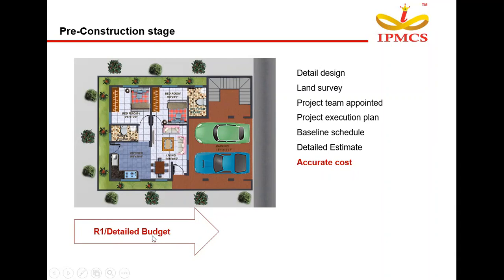Whenever we are executing each and every activity, we'll have a detailed breakup for each activity with this detailed budget. So our execution cost and the detailed budget activity cost shouldn't be exceeded. Our execution cost should be within our detailed budget or R1. So this R1 or detailed budget plays a very major role in the construction cost of a project.